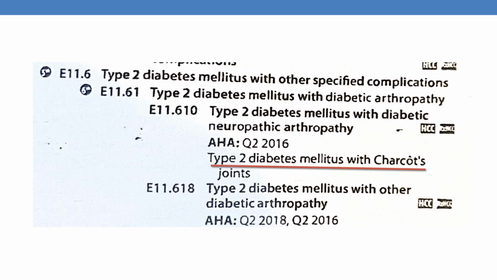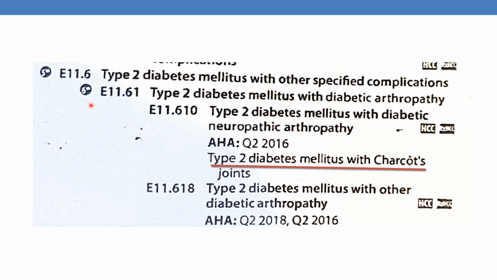The second important point is that whenever we code an ICD, it is better to cross-check in the tabular list. Previously we saw the alphabetic index, where you can find E11.610 is the correct code. Again you have to cross-check it in the tabular list. Under the tabular list you can find E11.6, which indicates type 2 diabetes mellitus with other specified complications. Under it you can find E11.61, which indicates type 2 diabetes mellitus with diabetic arthropathy.